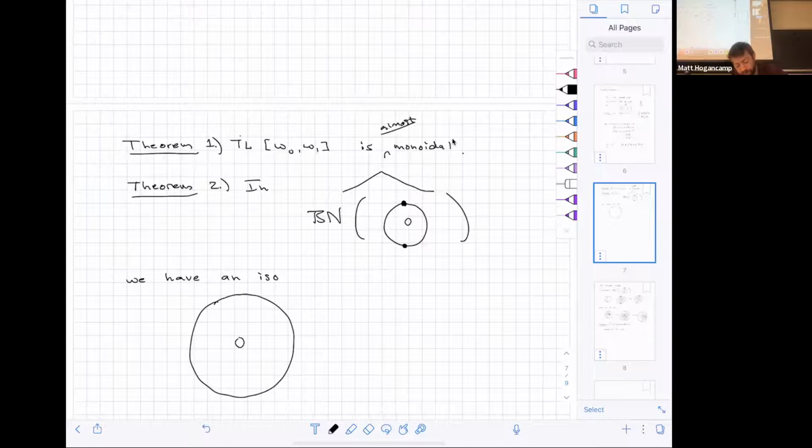And I'll say maybe a couple words about how one sees this isomorphism. So if you take a Kirby color, this is a well-defined object of this Bar-Natan category. Because remember, the Kirby color was defined as an object of dotted Temperley-Lieb.